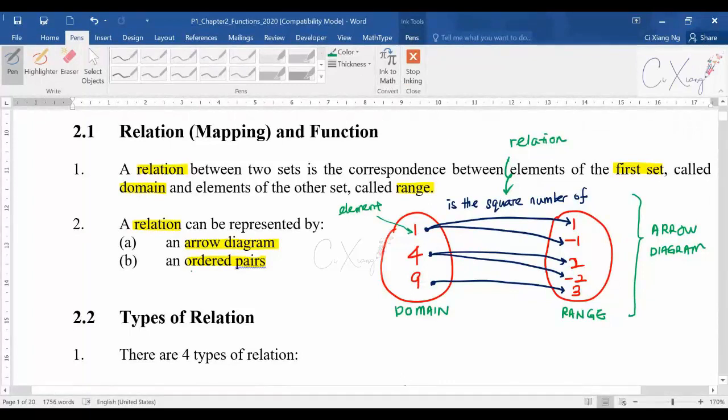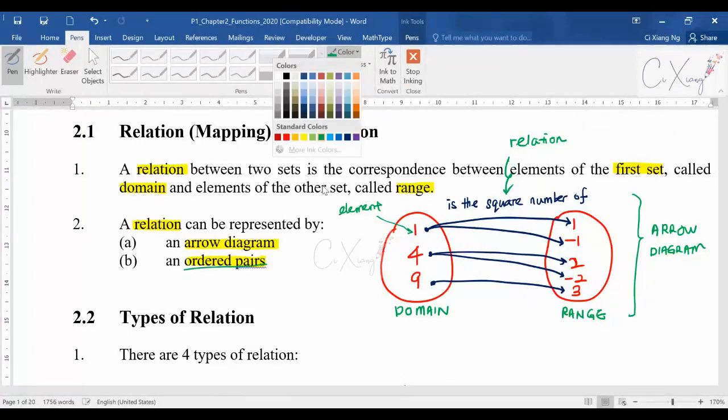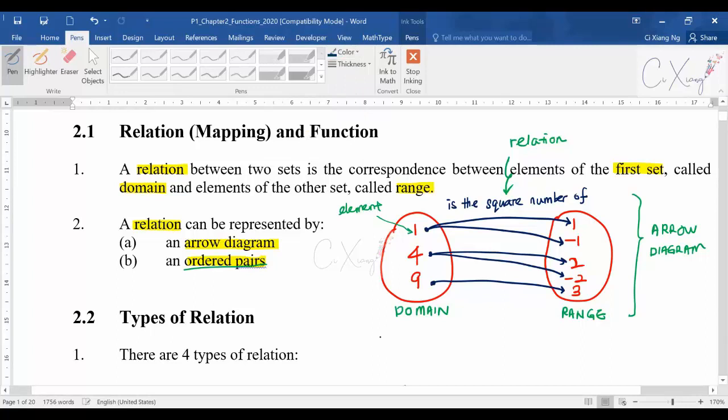Then what is an ordered pair? An ordered pair means that they are actually writing out the domain and range in a set of values. As an example, they might write it like this: (1, -1), then (1, 1), then (4, 2), (4, -2), and then (9, 3).